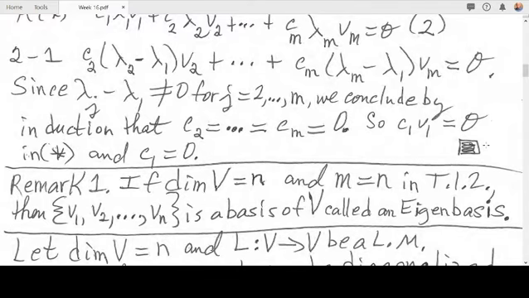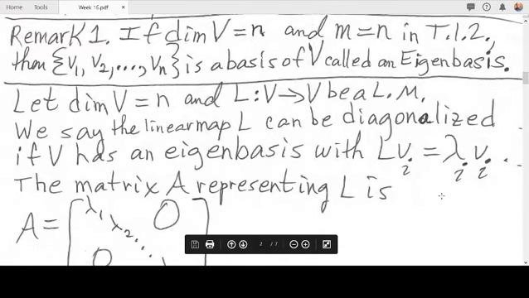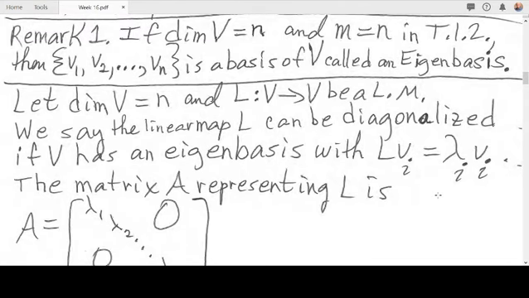Now we remark when the vector space is finite dimensional of dimension n, and when m equals n in the theorem, then v1 through v sub n is a basis of V, called an eigenbasis, a basis of eigenvectors. Very important, the basis of eigenvectors. Alright, so now let V be finite dimensional of dimension n.